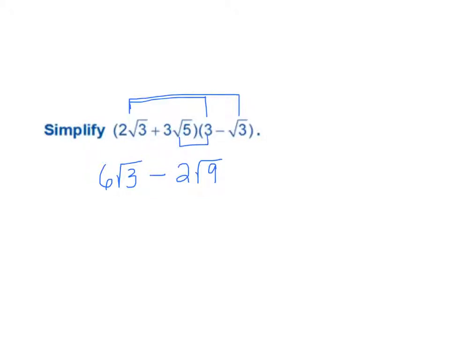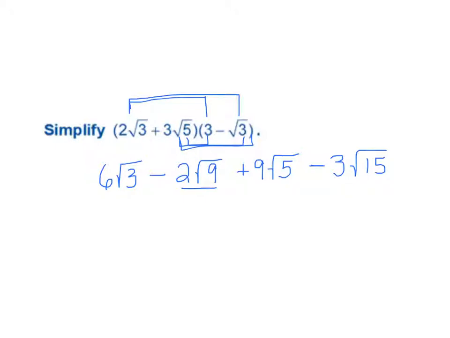I'm going to do this. The 3 multiplies with the 3, so that's going to be 9 square root of 5. And then here, I'm going to have minus, because it's 3 times negative 1, so negative 3, and then the inside is the square root of 15, which is 3 times 5, and that doesn't reduce.